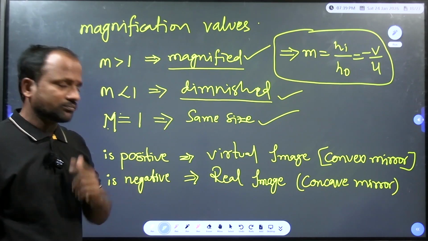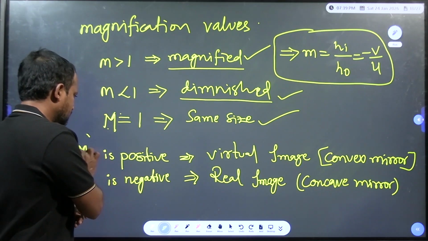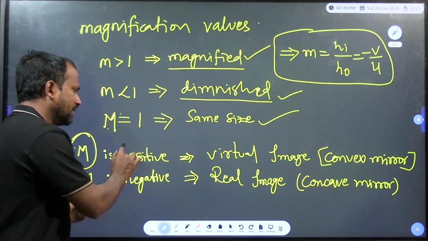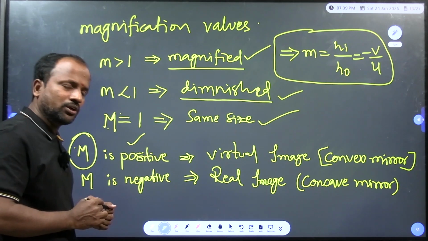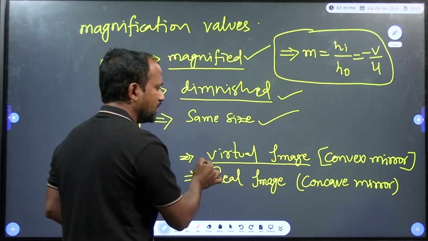Next, one more important piece of information. If the magnification value M is positive, then the image is virtual.